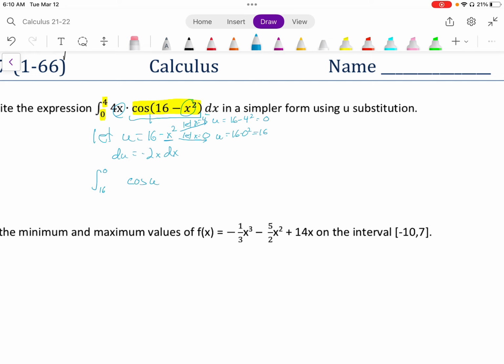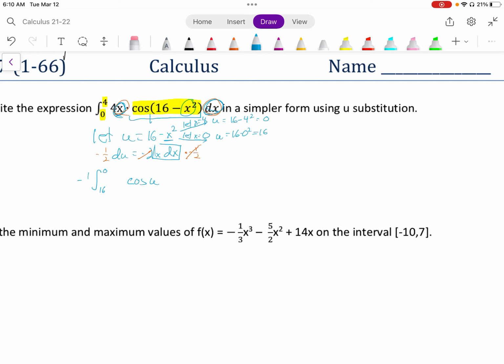And then we want to substitute for this dx. Well, we have an x dx. And so I'm going to solve for x dx right here by multiplying both sides by negative 1/2. The negative 2 and negative 1/2 cancel, so we can take out the x dx, and we can put in negative 1/2 du.